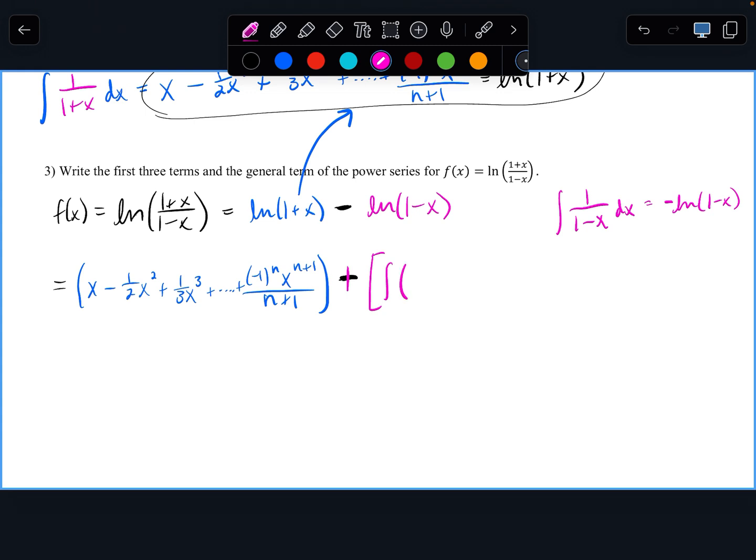So the 1 over 1 minus x is 1 plus x plus x squared plus x cubed, whatever. I only need, well, let's do an extra. Because the antiderivative of this is negative, that's why I made it positive. So then I took care of the negative already with everything.